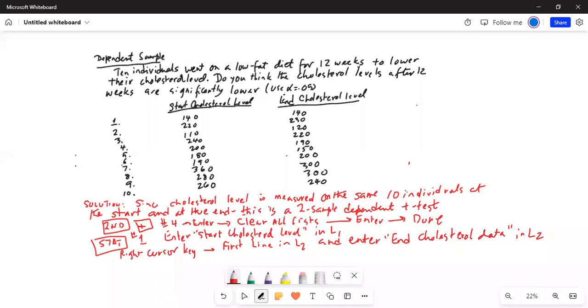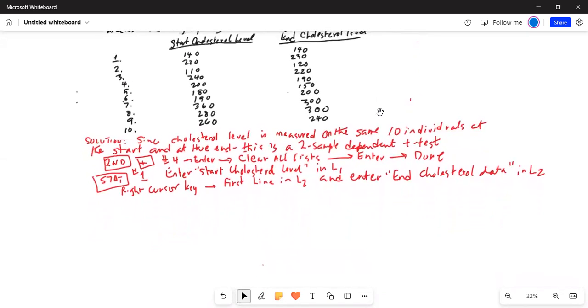Let's check: 140, 230, 120, 220, 190, 150, 200, 300, 300, and 240. So we have entered data in L1 and L2. Now let's move this up because we are ready to do the tests.